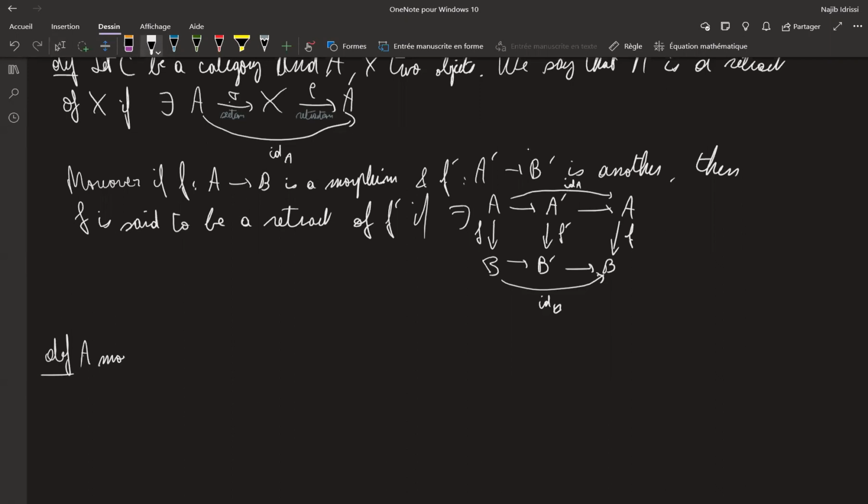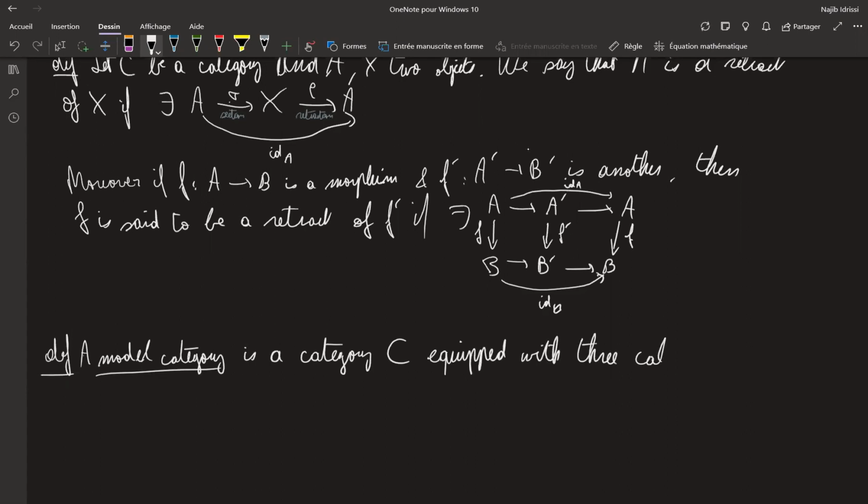So a model category is a category C equipped with 3 classes of morphisms, W, C, and F. So W is for weak equivalences.